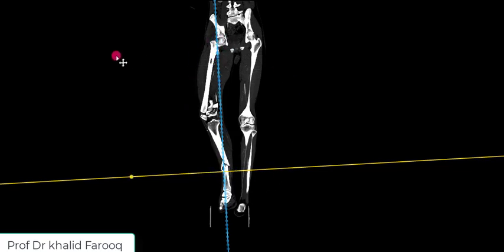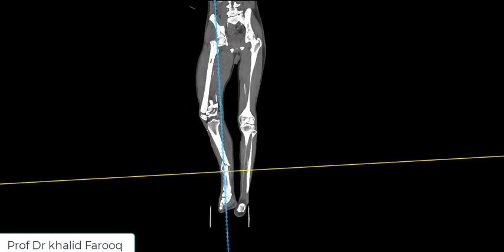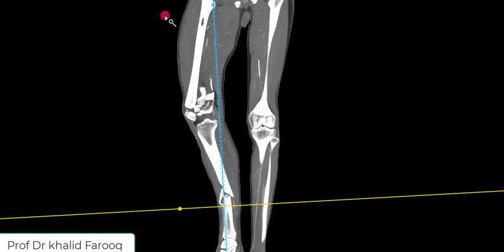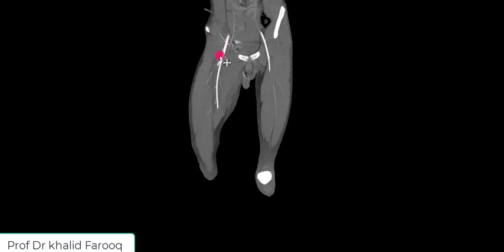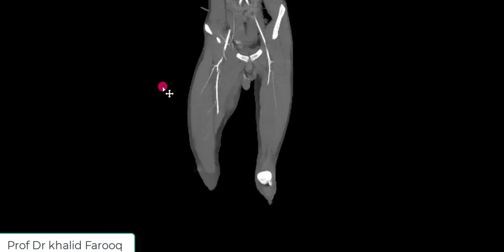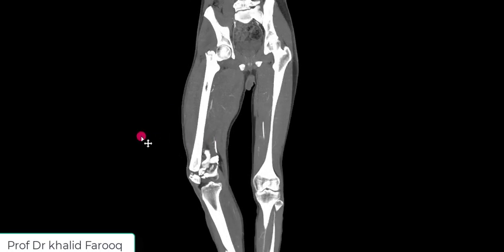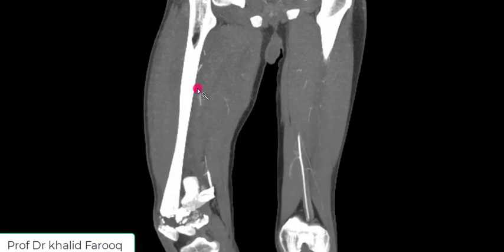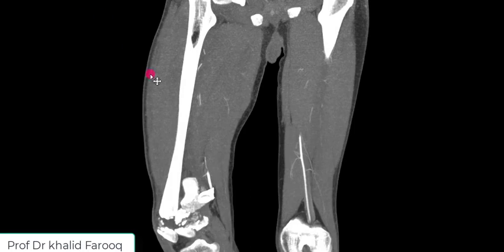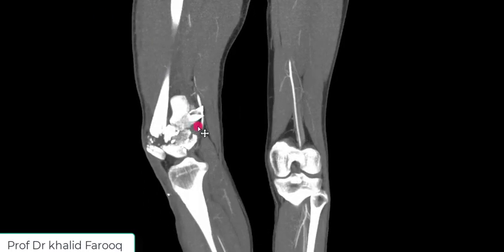These are the coronal images. Here we can see common femoral, SFA, and deep femoral or popliteal artery on this side. Adductor canal region where artery appears normal, and this is the proximal popliteal artery where we can see bony fragments are noted causing mass effect on this portion of the artery.